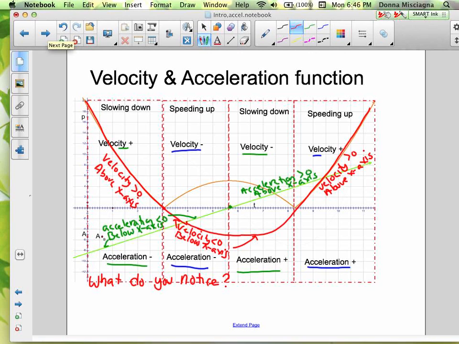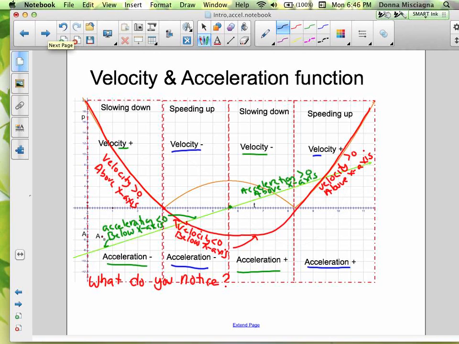Velocity is positive, acceleration is negative, we're slowing down. Velocity is negative, acceleration is negative, we're speeding up. Velocity is negative, acceleration is positive, we're slowing down. Velocity is positive, acceleration is positive, we're speeding up. Notice that the two places where the signs were the same for velocity and acceleration, our object is speeding up.